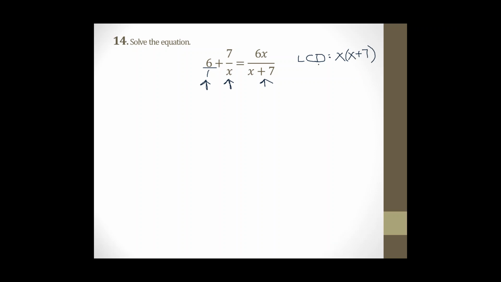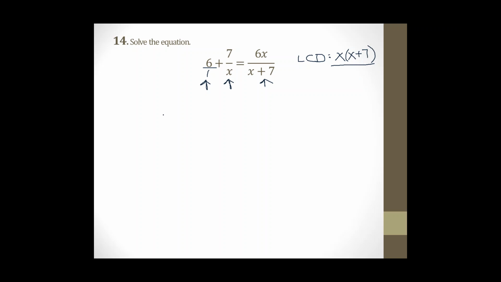All the individual fractions need to be divisible by it, so if the least common denominator is x times x plus 7, then x is in this least common denominator, and x plus 7 is in this least common denominator. And the 1 is in there too because there's always an imaginary 1 in front. So this will be my least common denominator of all these individual fractions.